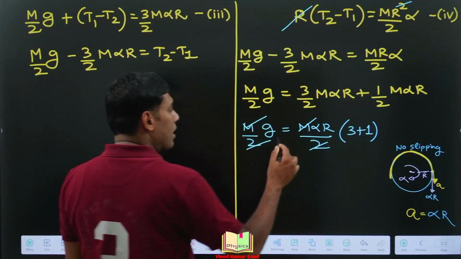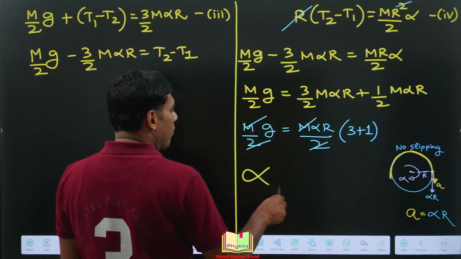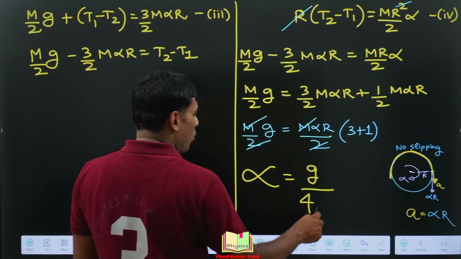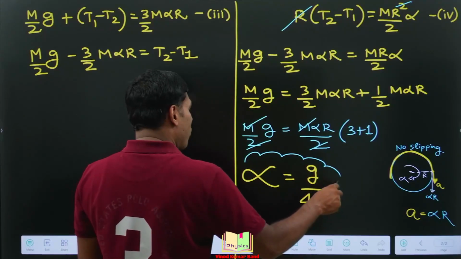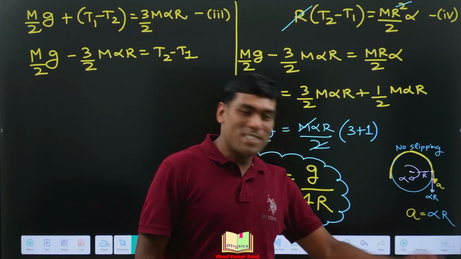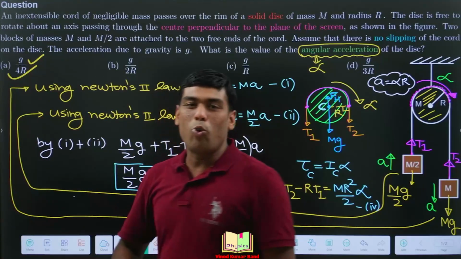This m and m are getting cancelled out. So we are having the alpha with us. Alpha comes out to be g by 4r. That is the first option of this question. It means the correct answer should be this, g by 4r.